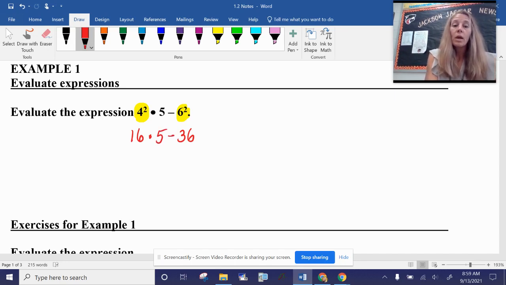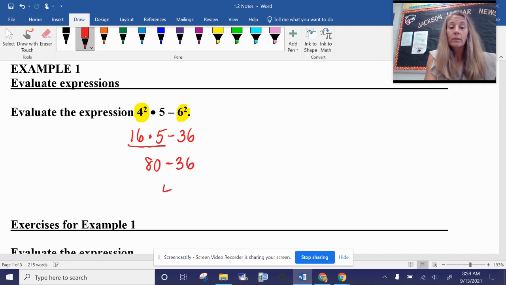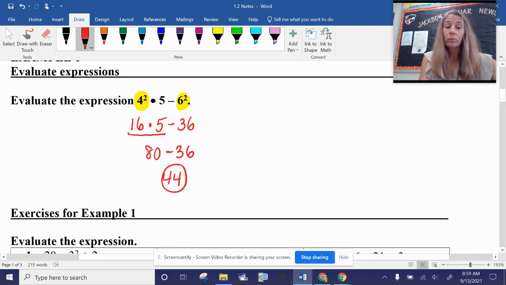Now I'm going to move into any multiplication and division, going from left to right. So 16 times 5 is 80, and then 80 minus 36 is 44, and that would be my answer using order of operations to evaluate that expression.